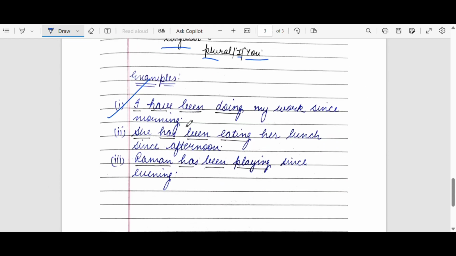She is singular. We have used has, plus been, plus eat, that is V1 plus ing, eating her lunch since afternoon. Third one is Raman has been playing since evening. Raman is singular, so we have used has. Been, V1 play, ing, it forms playing since evening. Raman has been playing since evening.